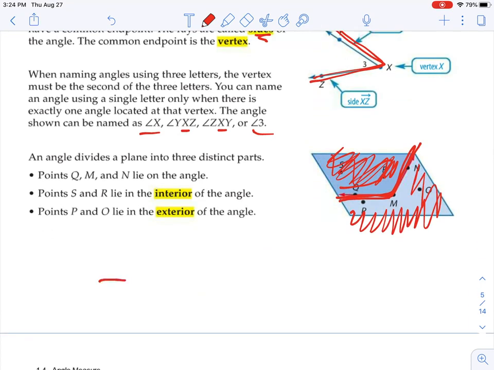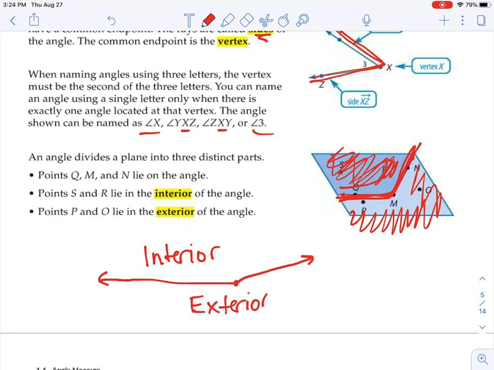So if we had an angle that is just slightly smaller than 180 degrees, this up here is still considered the interior, and this is still considered the exterior. Okay? This would close in like this.